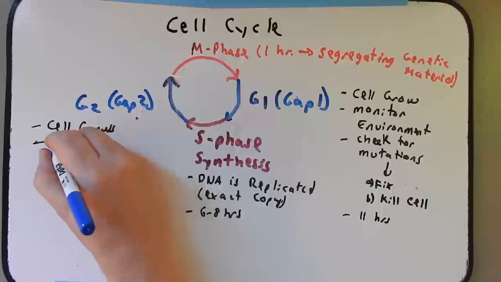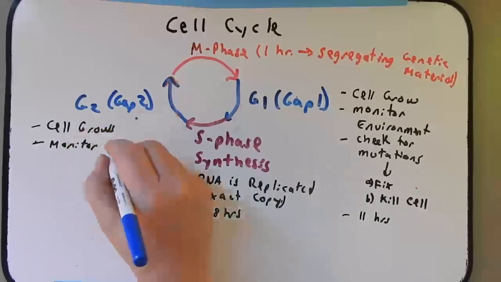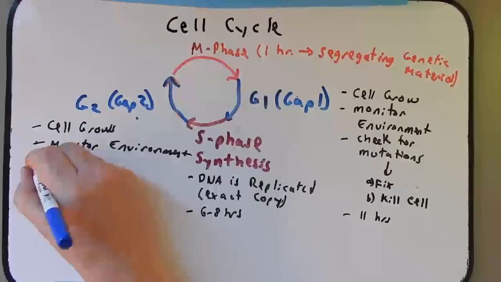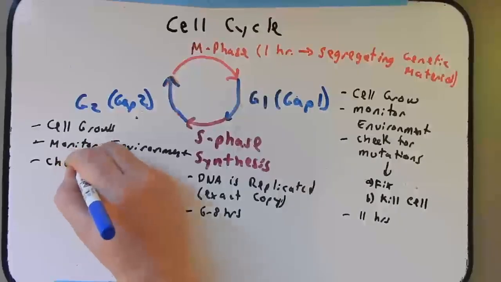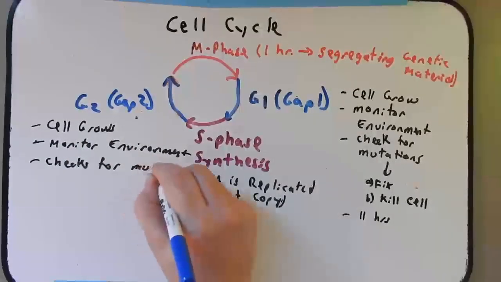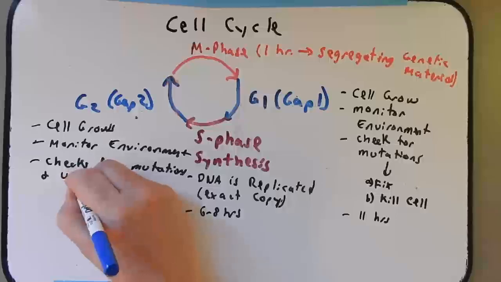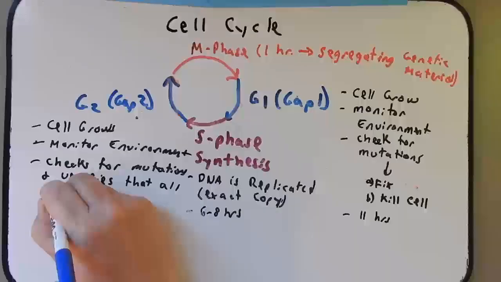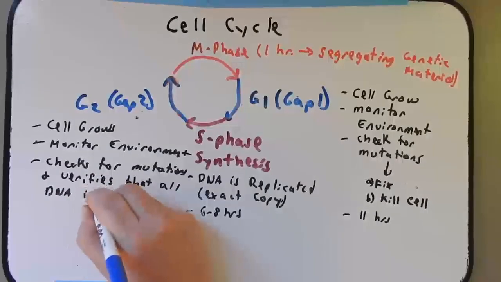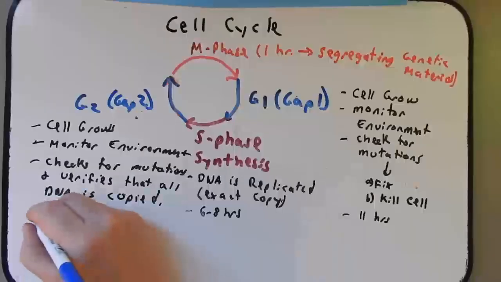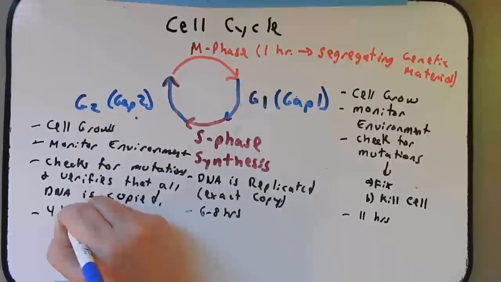Also, the cell will monitor the environment. It also checks for mutations and verifies that all DNA is copied. G2 lasts about 4 hours.